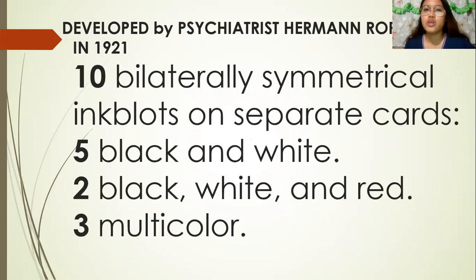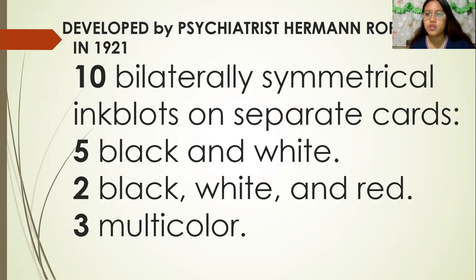The composition of the Rorschach ink blots is 10 bilaterally symmetrical ink blots on separate cards. It is given through a card. Five of them are black and white in color, 2 are black, white, and red in color, and the other 3 are multicolor.